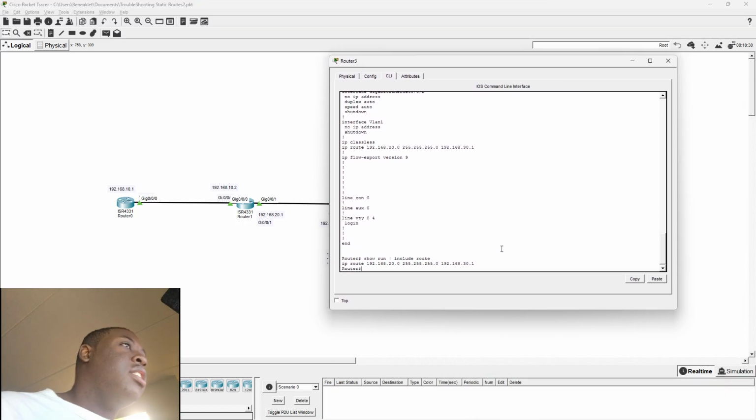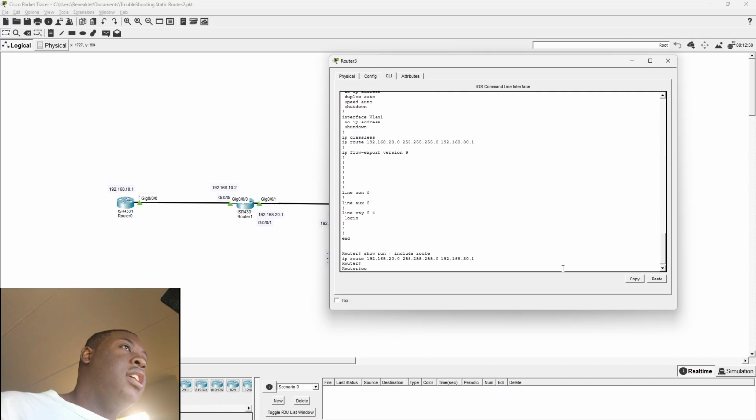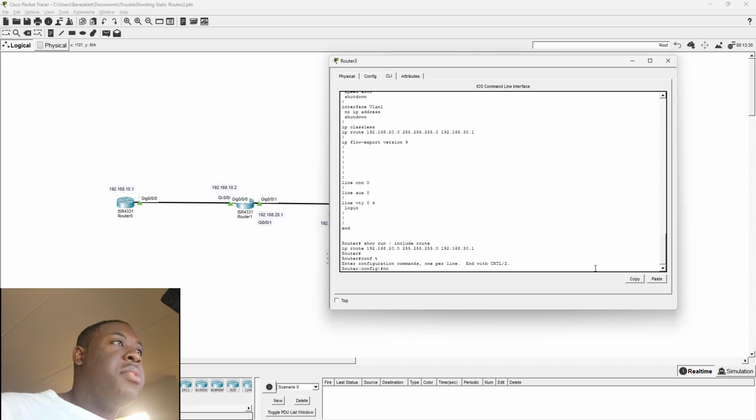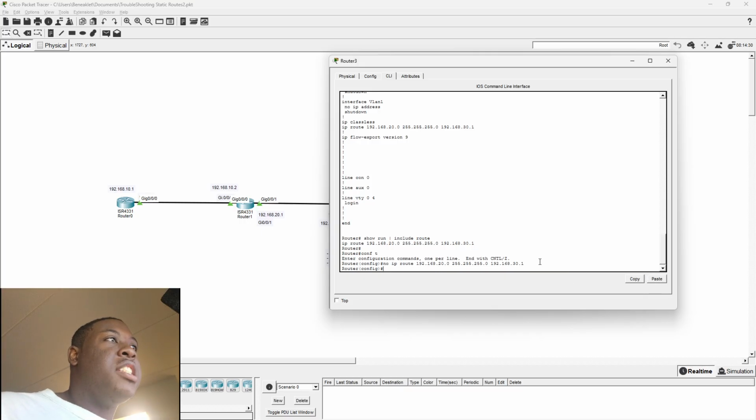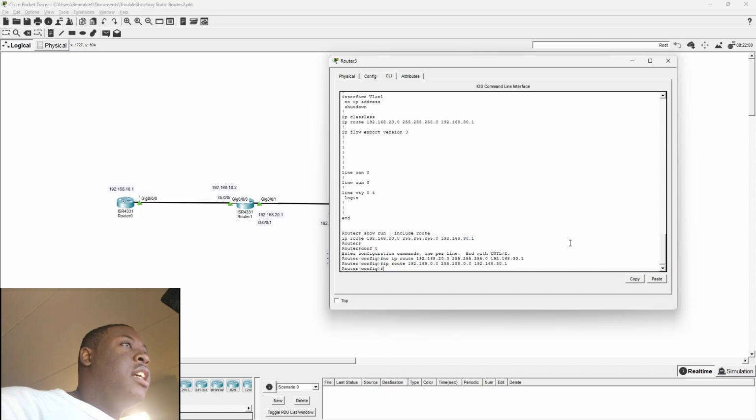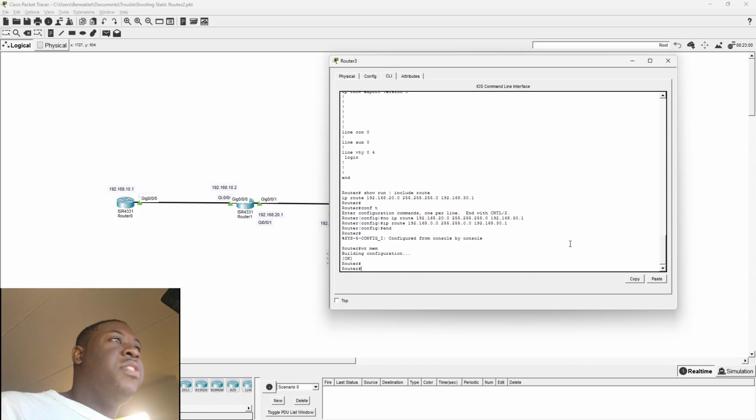So what we're going to do is copy this, go to configuration mode, type no, and then paste this command. So now it removes that line. Then we're going to do another IP route 0.0.0.0 255.255.0.0, remember, slash 16, and then this command. Now end and write memory.